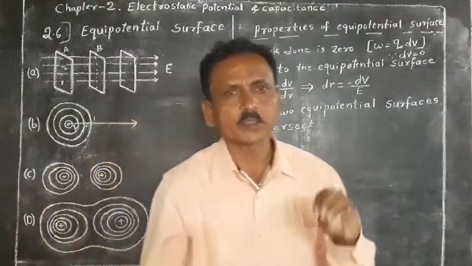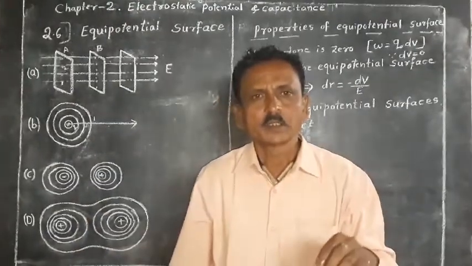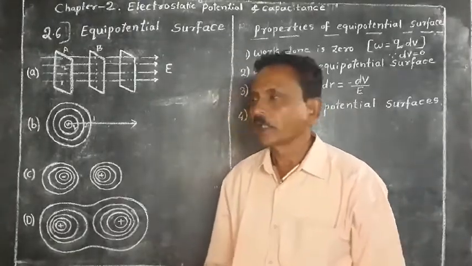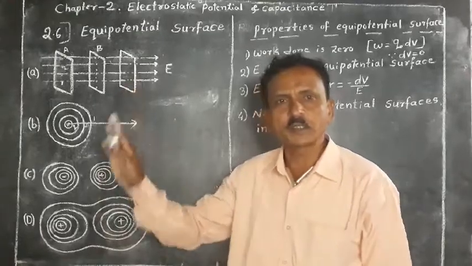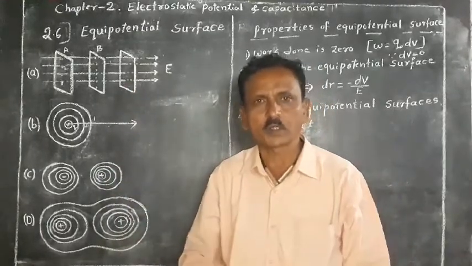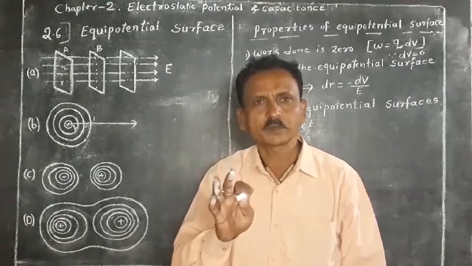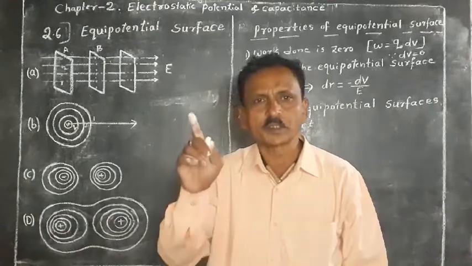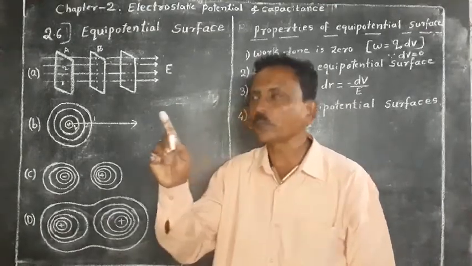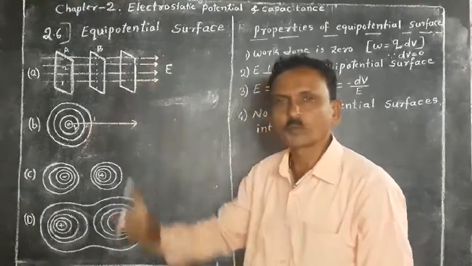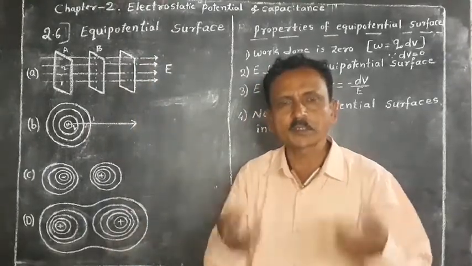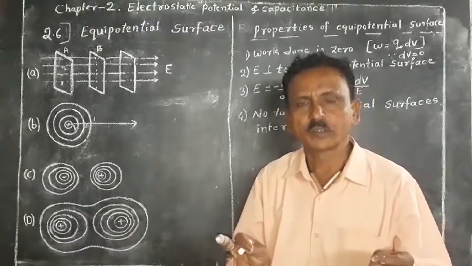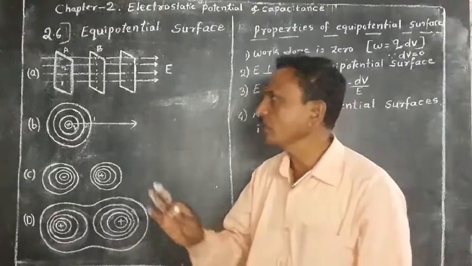First, what is an equipotential surface? A surface of constant potential is called an equipotential surface, or it is the surface on which potential remains constant or the same at every point on the surface. And equipotential surface gives a visual picture of the magnitude and direction of electric field.